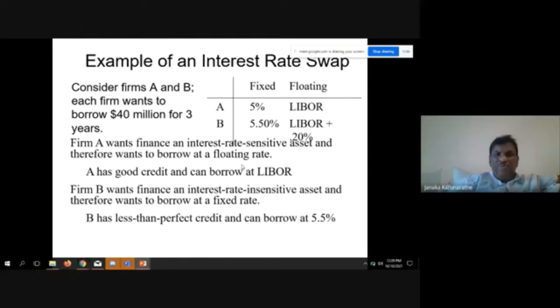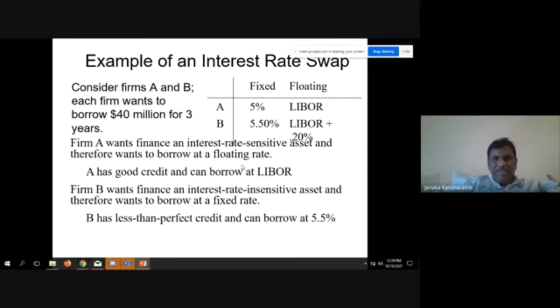Now, firm B wants to finance an interest rate insensitive asset and therefore wants to borrow at a fixed rate. The asset is not interest rate sensitive, so it is a fixed asset, and he wants to borrow at a fixed rate. B has less than perfect credit and can borrow at 5.5%.